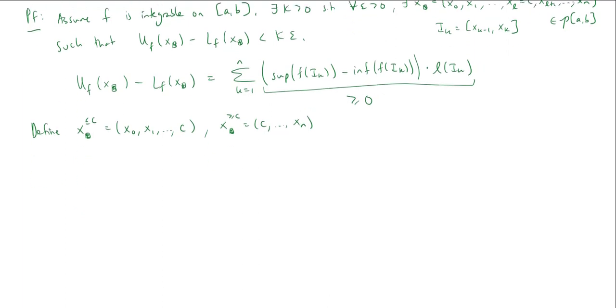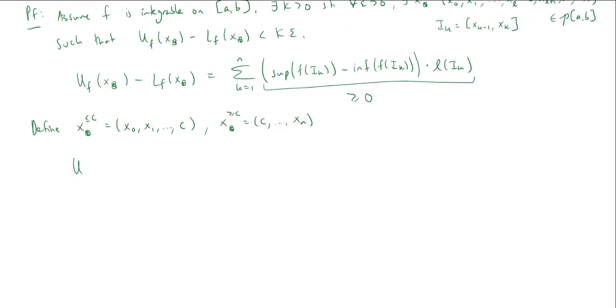And so if I do that, I can compute the upper sum for, say, x less than or equal to c, and then subtract the lower sum. And the point is when I do this, I'm getting rid of all of the partition pieces right after c.